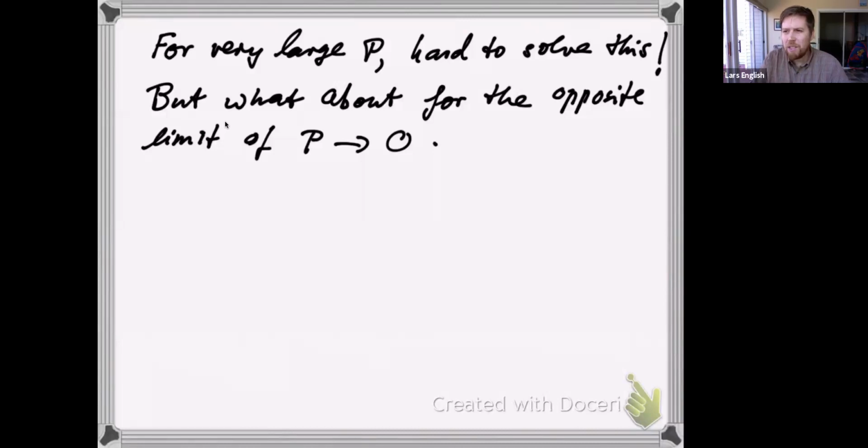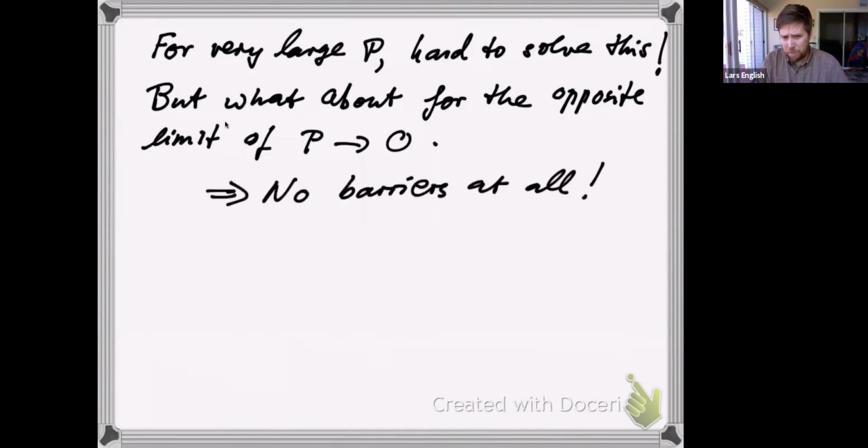Because we don't have these little spikes, these delta functions. We don't have the barriers separating the wells. The whole thing becomes one giant well. We should basically expect a free electron kind of picture because we have no barriers at all.